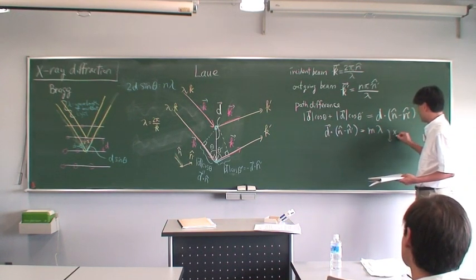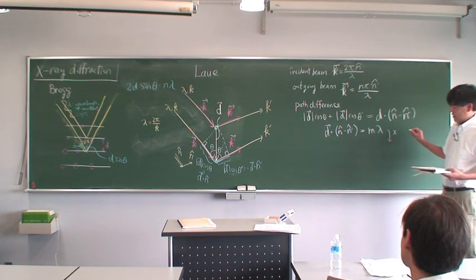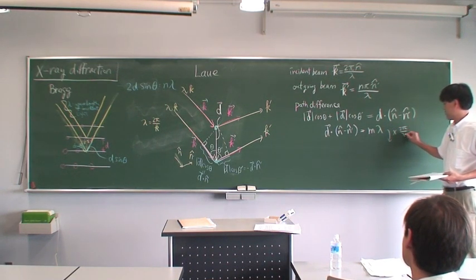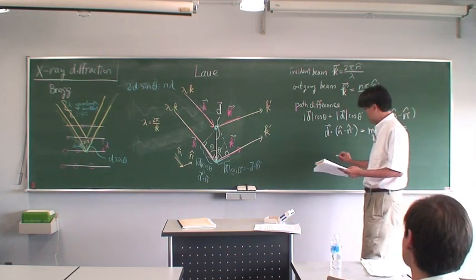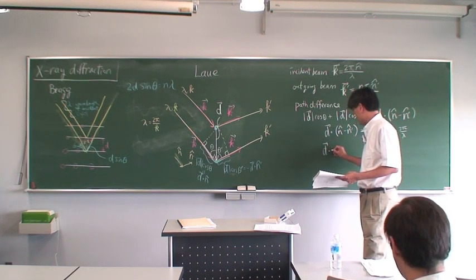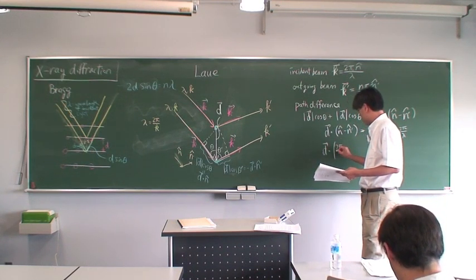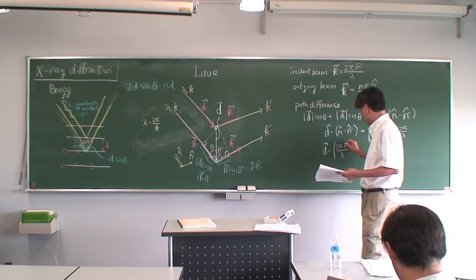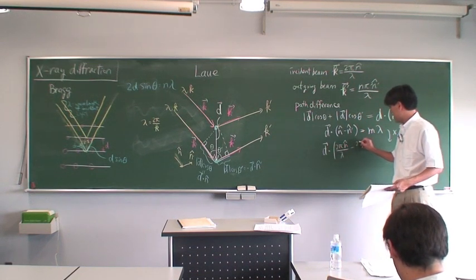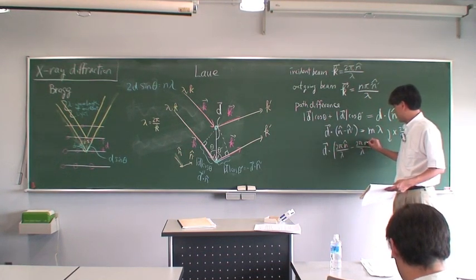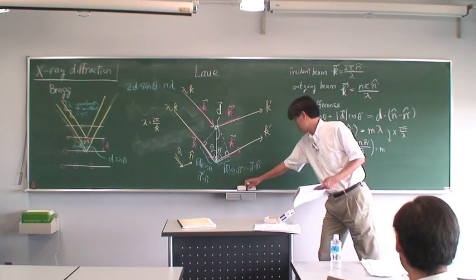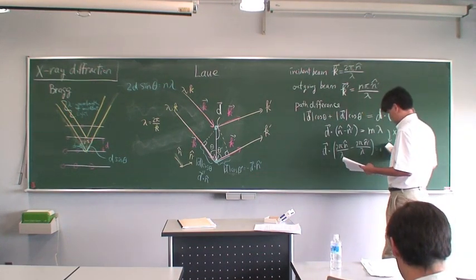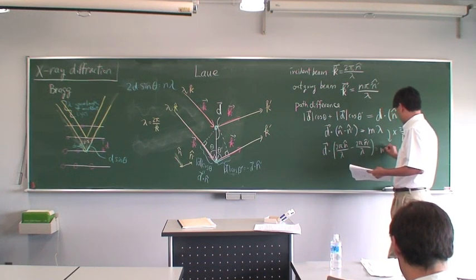And we multiply both sides by 2 pi over lambda.